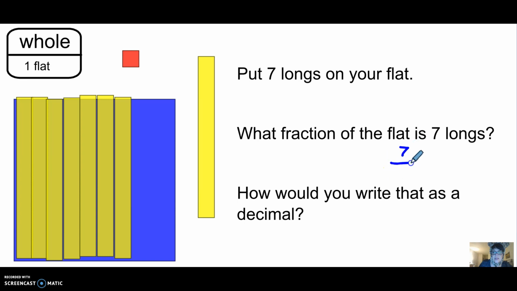Seven out of 10 equal parts, 7/10ths, because it would take 10 of these longs to cover my flat. I have 7 of them in place. As a decimal, I would write 0.7. 7/10ths.